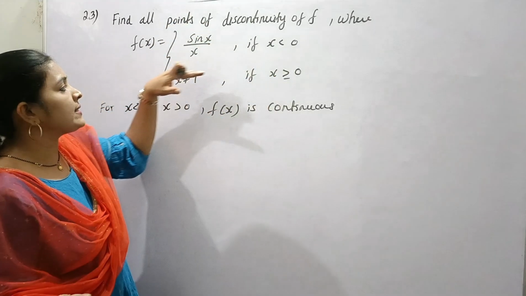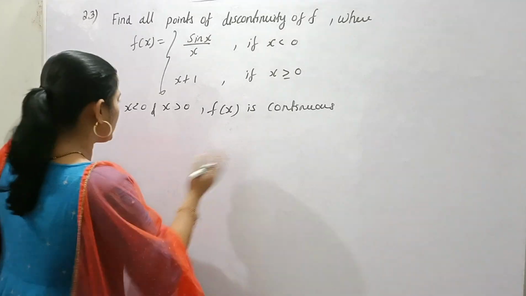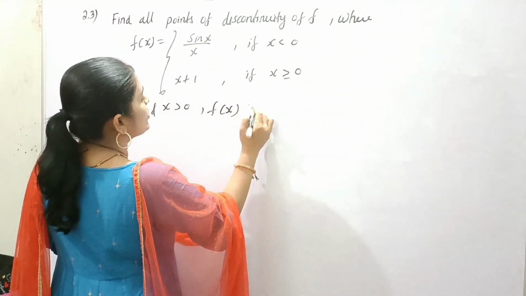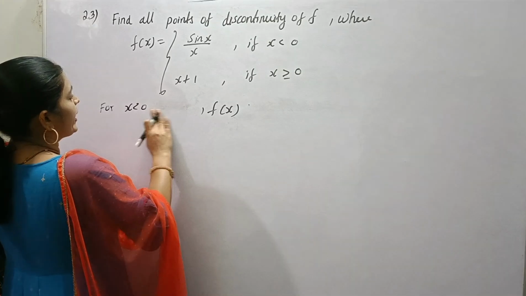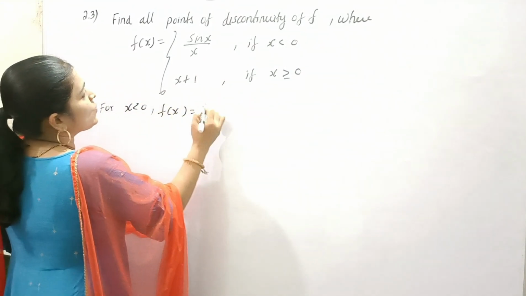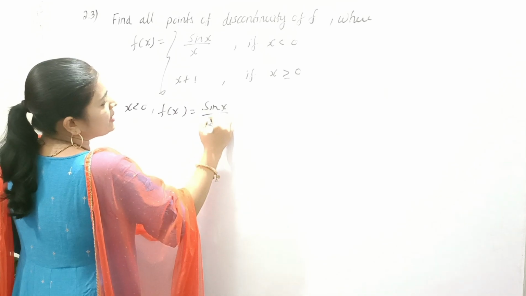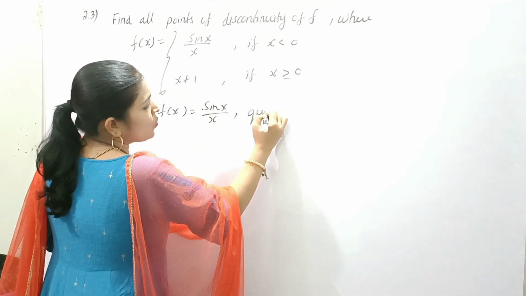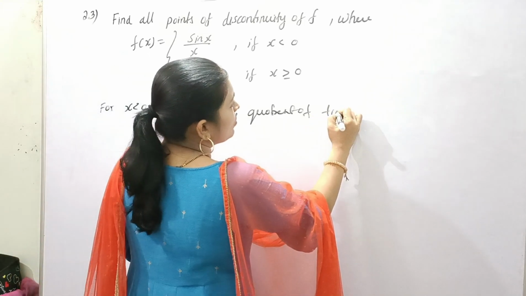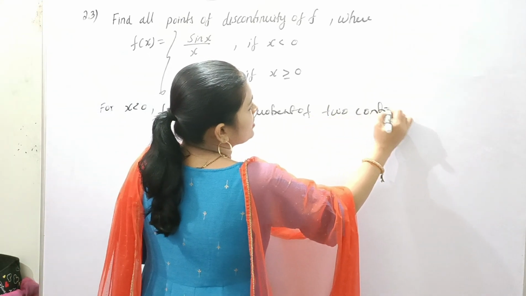Let me write it separately. For x less than 0, f of x is equal to sin x divided by x, that is a quotient of two continuous functions.